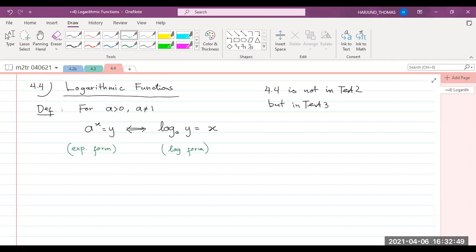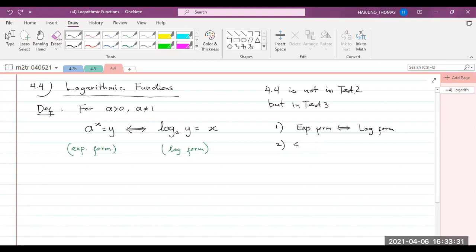Okay. Now, things that we will learn from this section. First one, we will practice converting exponential form to logarithmic form and logarithmic form to exponential form. We'll spend around 10 minutes working on that. And after that, we will learn to sketch the graph. Actually, no, solving equations first.